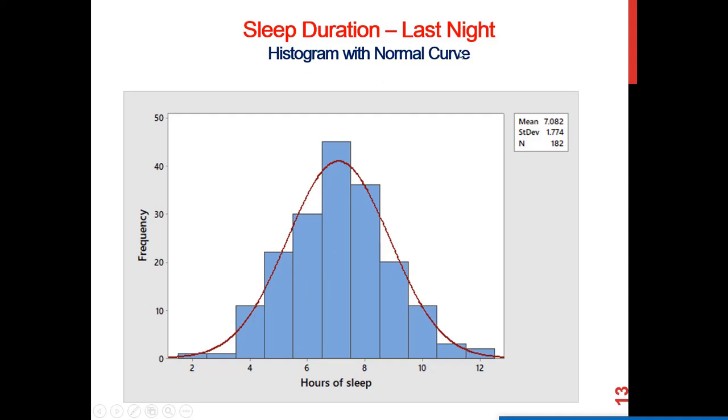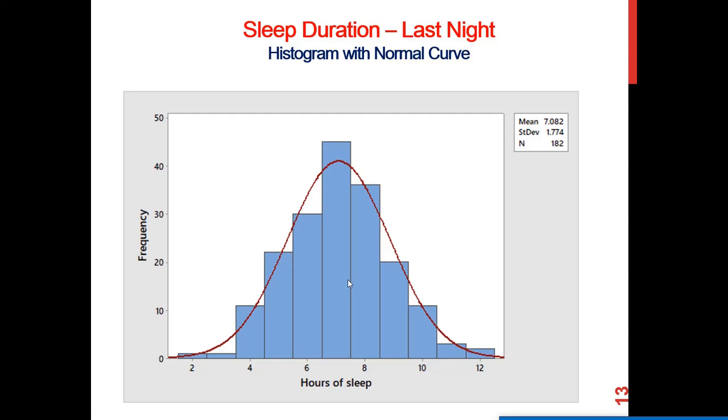We are going to study the theory of the normal curve in detail, but it approximates this histogram quite well. Of course at some positions there may be slight error, but as we increase the data size it may match more or less. So this is a symmetric graph because there is a peak in the middle, and on both sides they have almost the same distribution. If I fold the graph in the middle, the two halves more or less overlap each other.